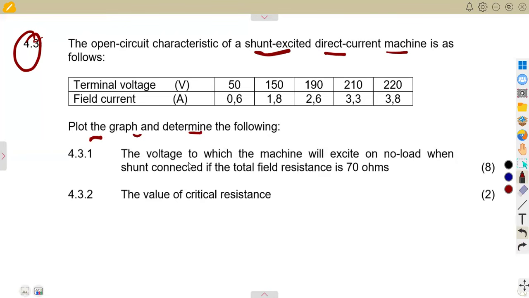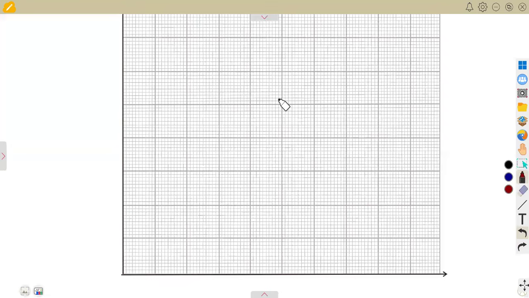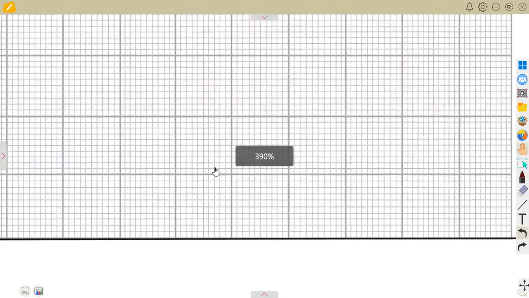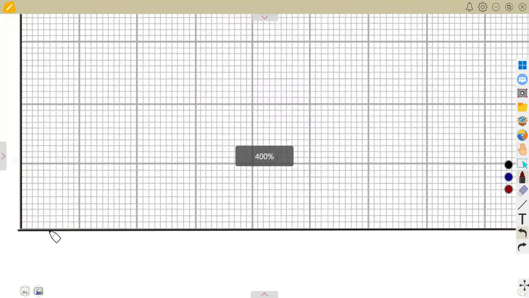So we are going to have a suitable scale on the field current. This is 0.6, 1.2. So we can choose up to 3. You can even choose 2 centimeters to represent 1, so that at least we do not have challenges to locate the decimal. Remember, these are 10 boxes that are on this line.